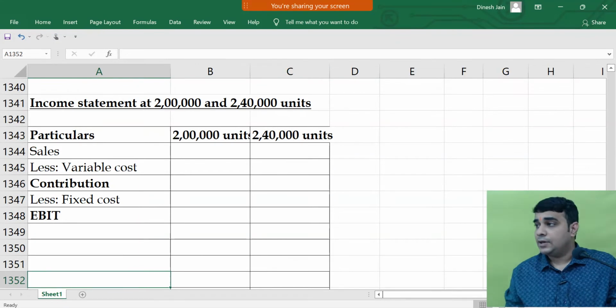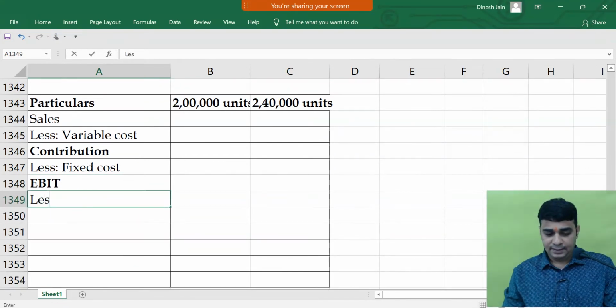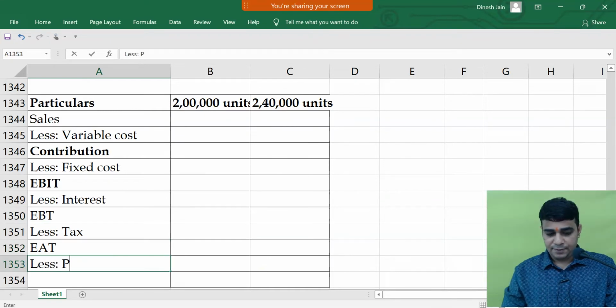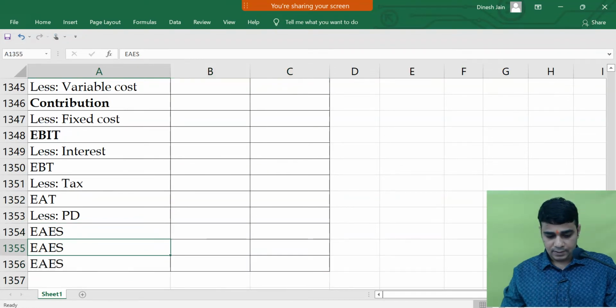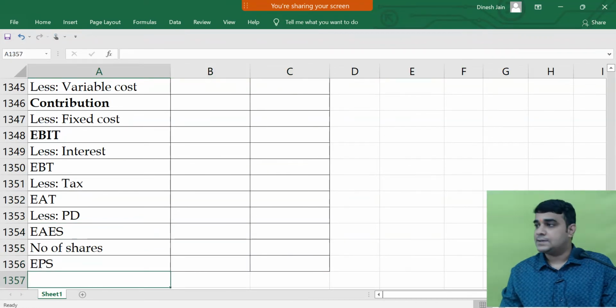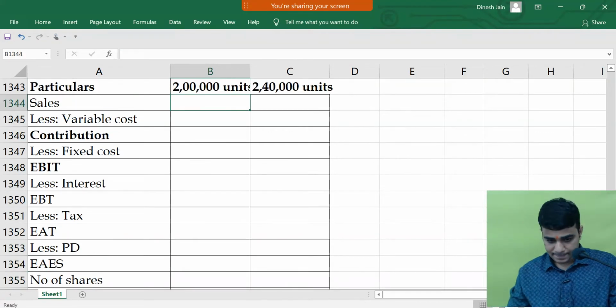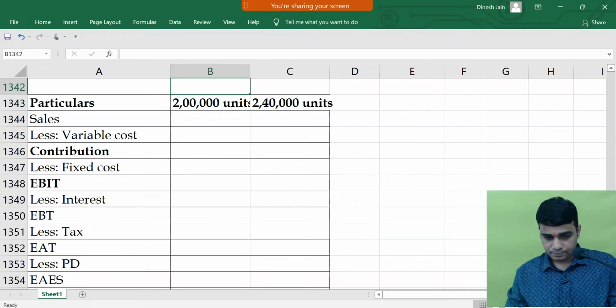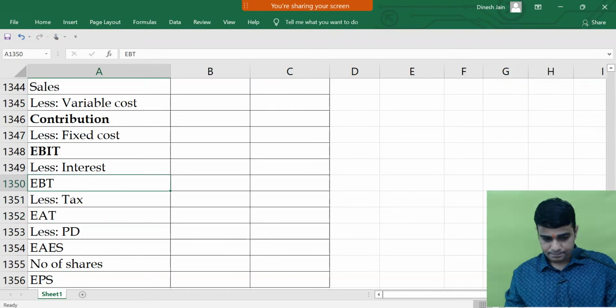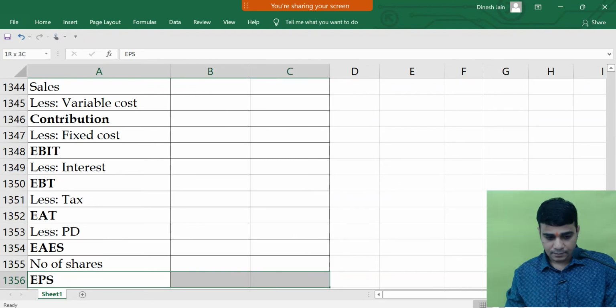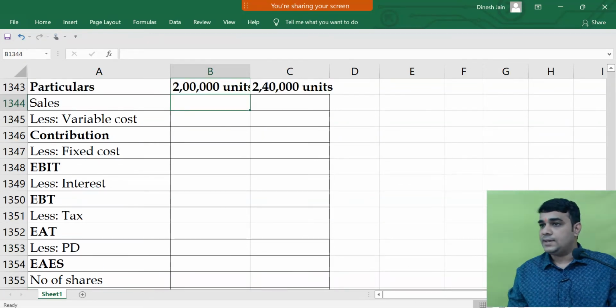Starting with sales, you go until EBIT, deduct interest, EBT, deduct tax, EAT, deduct preference dividend, earnings available to equity shareholders, number of shares, and EPS. Starting with sales and going on till earnings per share.